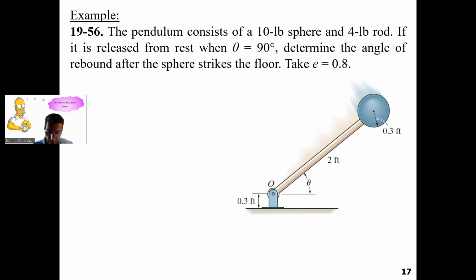The second part is to consider the impact, and the third part is to consider rebounding after the impact. So let me switch to the tablet and tell you what happens.